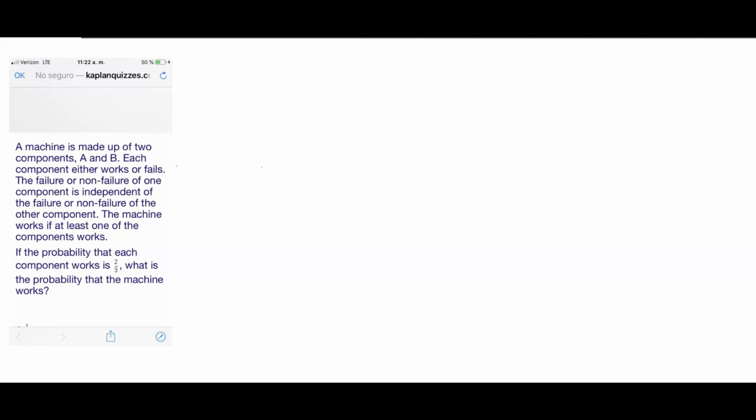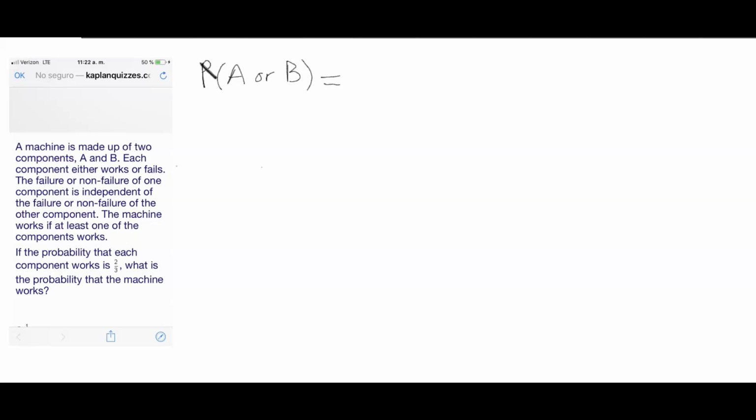Okay, so with probability, there are some formulas that you should be familiar with. The first equation: the probability that A or B occurs. A and B are just events. In this case, A would be the event that component A works, and B would be the event that component B works.